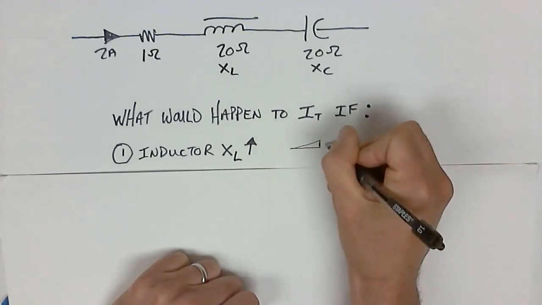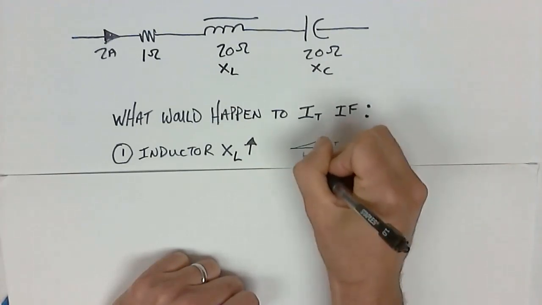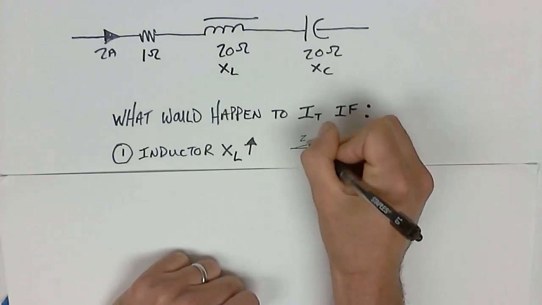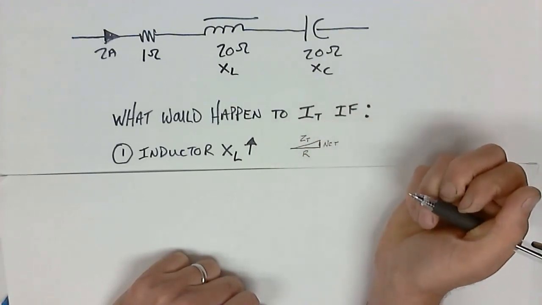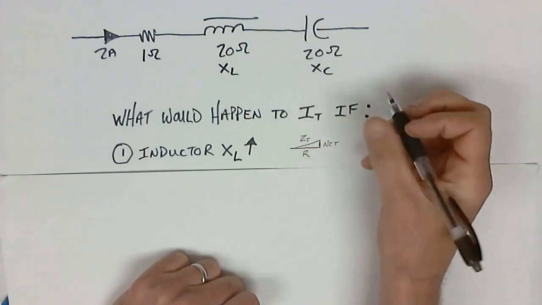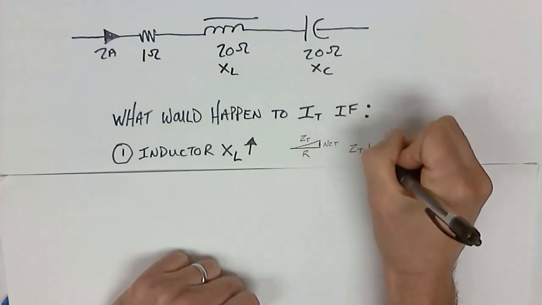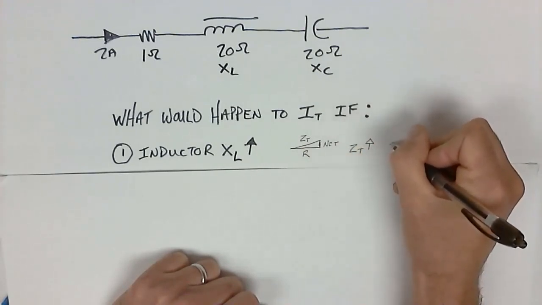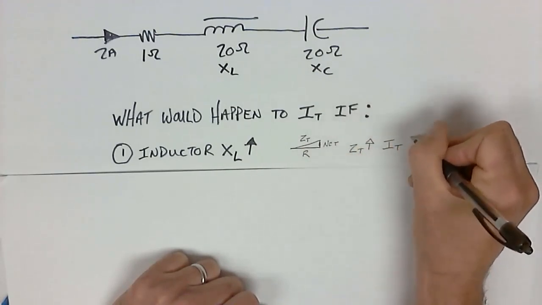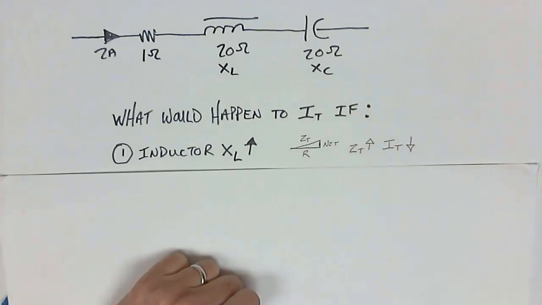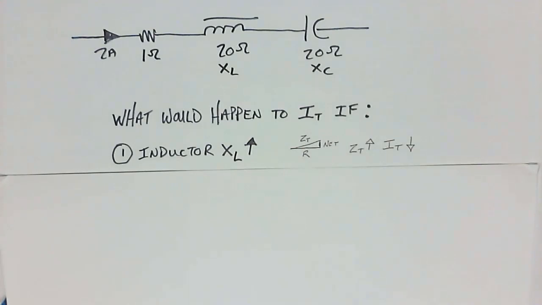So I would have a net value of X. R would remain the same, and Z would go up. If Z total goes up, the total current would go down. Okay, well, that makes sense.